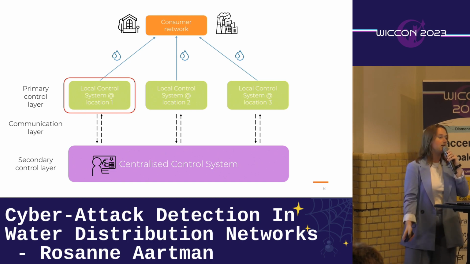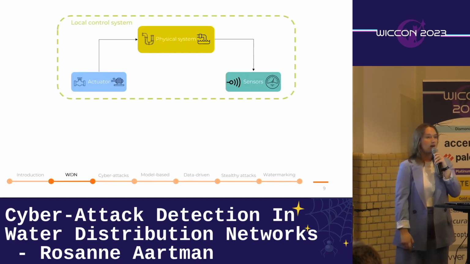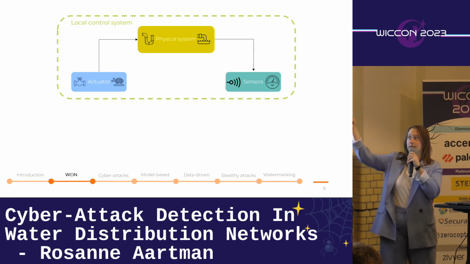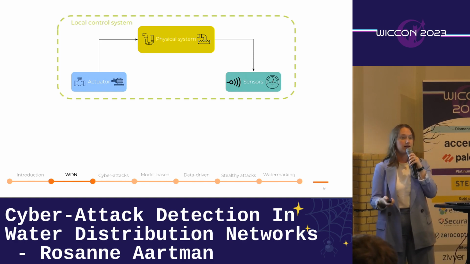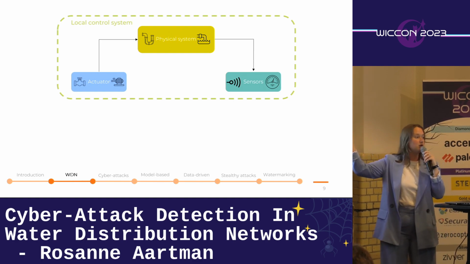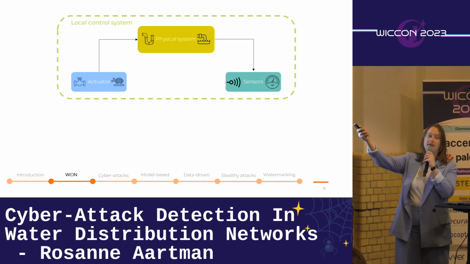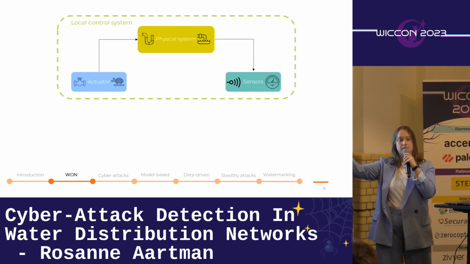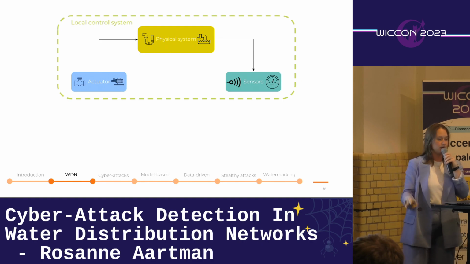Now let's zoom in on a specific local control system. This consists of the physical system containing pipes, reservoirs, some sensors, which could be pressure sensors, flow sensors, or level indicators. And then we have actuators, which in the case of water distribution networks are pumps and motor-controlled valves.